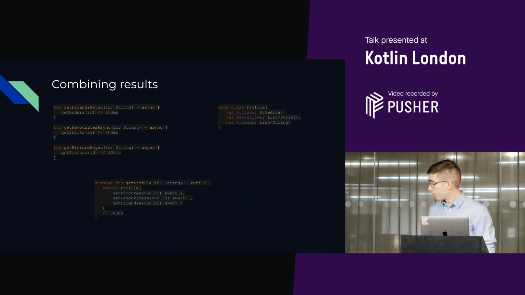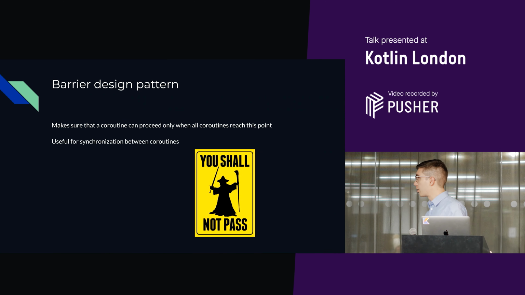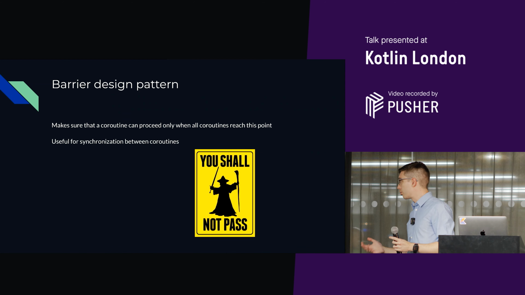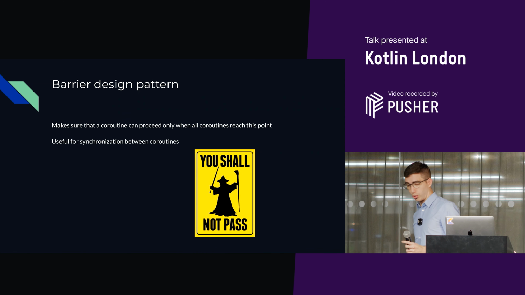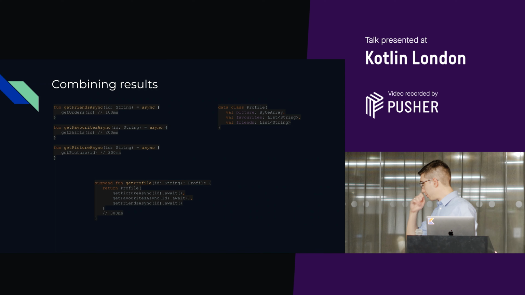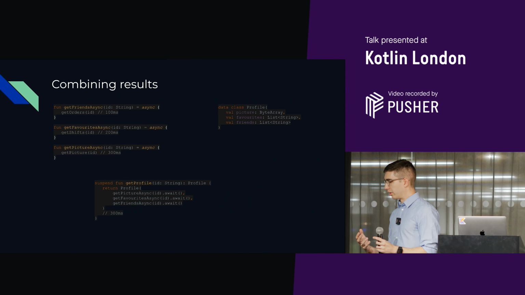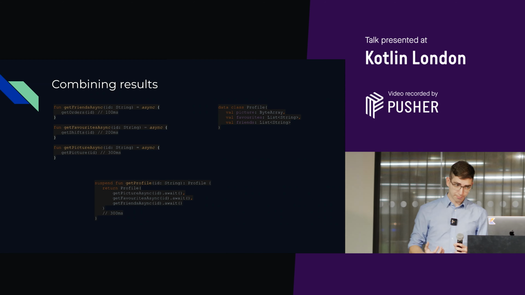And my usual question is, is this a design pattern? Because it looks quite naive, I would say. But yes, it is. It's called a barrier. And it makes sure that coroutines can proceed only when they all reach the same point. So if we go back, the point when we return the object is the point where all the other coroutines can proceed.